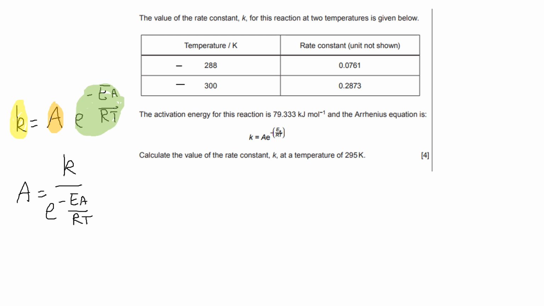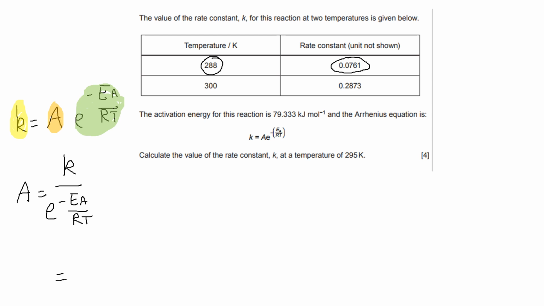So I'll just go with the 288 Kelvin and the 0.0761, because in theory the pre-exponential factor doesn't change. So we start plugging our numbers in now.